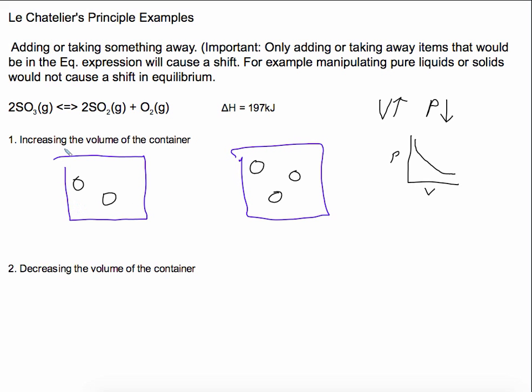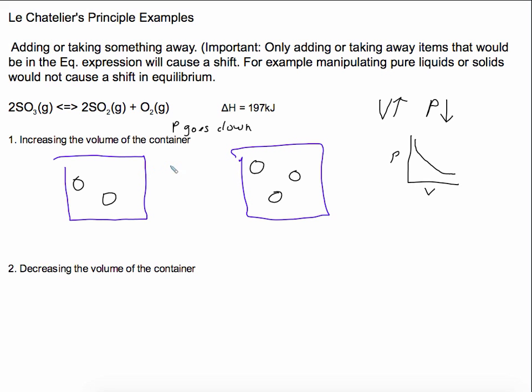If one goes up, the other one goes down. So if we increase the volume of the container, the pressure goes down. So this reaction is going to shift to make the pressure go back up.